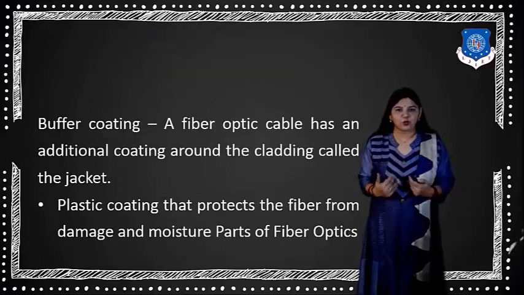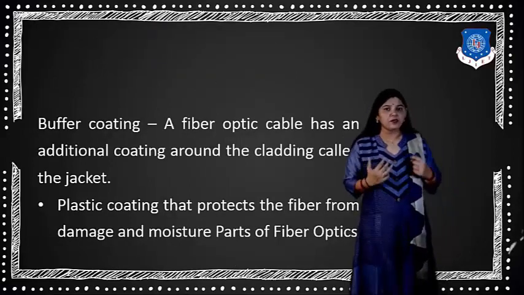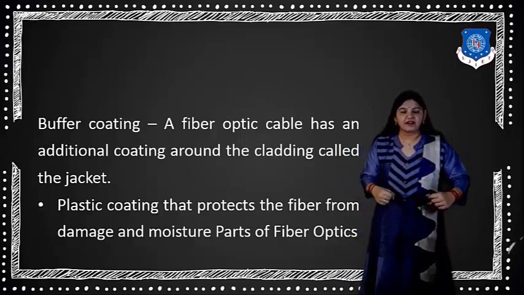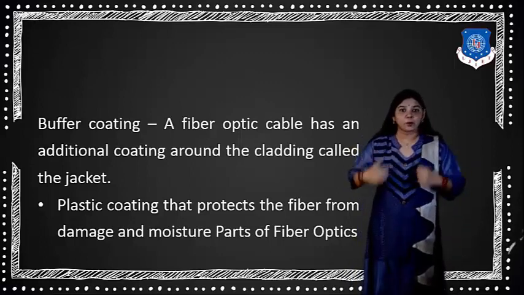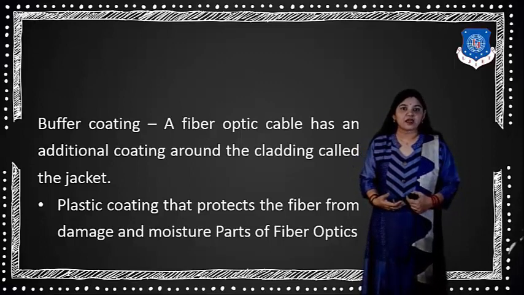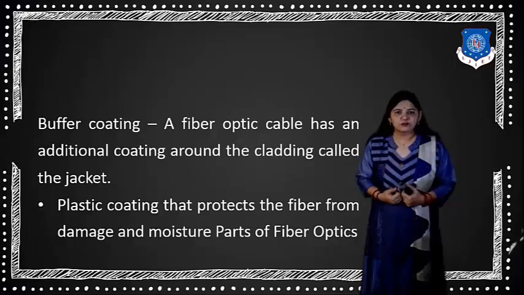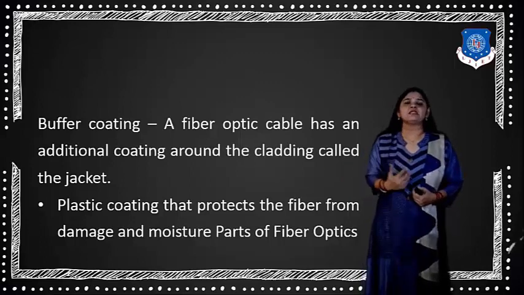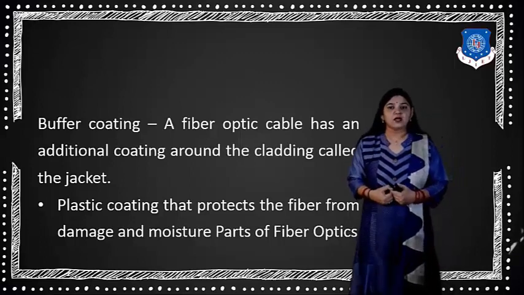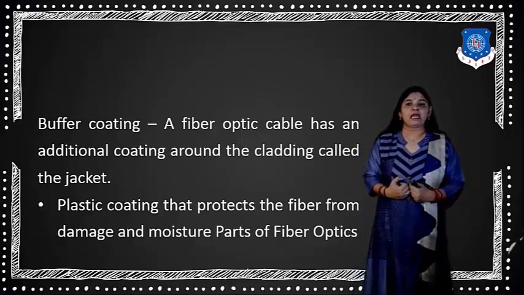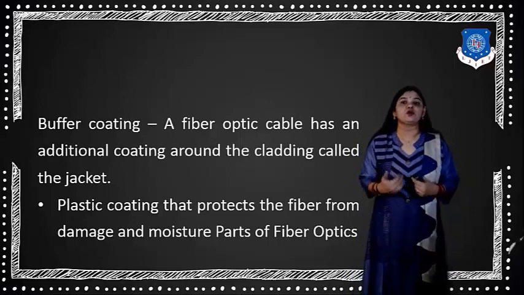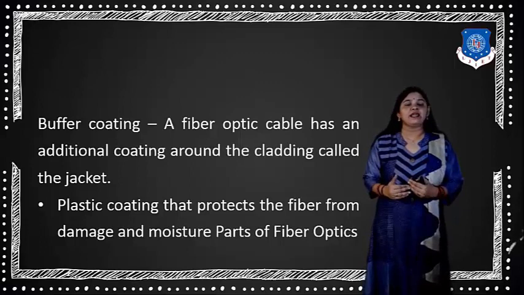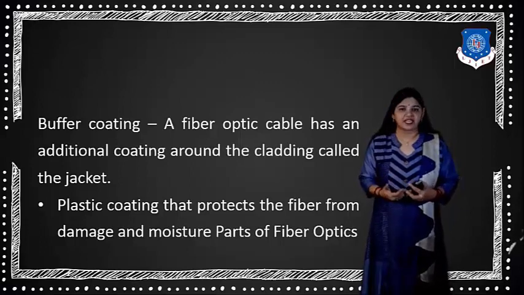Now the buffer coating, which we sometimes refer to as a jacket. We wear a jacket to protect ourselves from the atmosphere and the weather. Similarly, a fiber optic cable has an additional coating around the cladding, called the jacket.